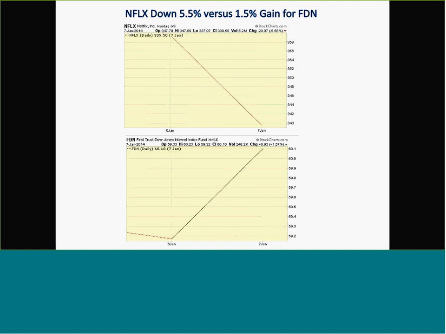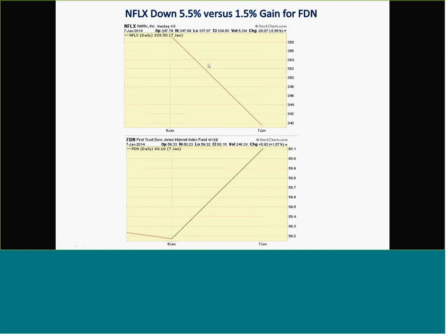This is for Netflix. In the top chart here, we can see this was January 6th. Netflix had a 5.5% decline, and at the same time, the Internet Index, which holds Netflix, actually was up 1.5% for the day. That's the FDN Internet Index.